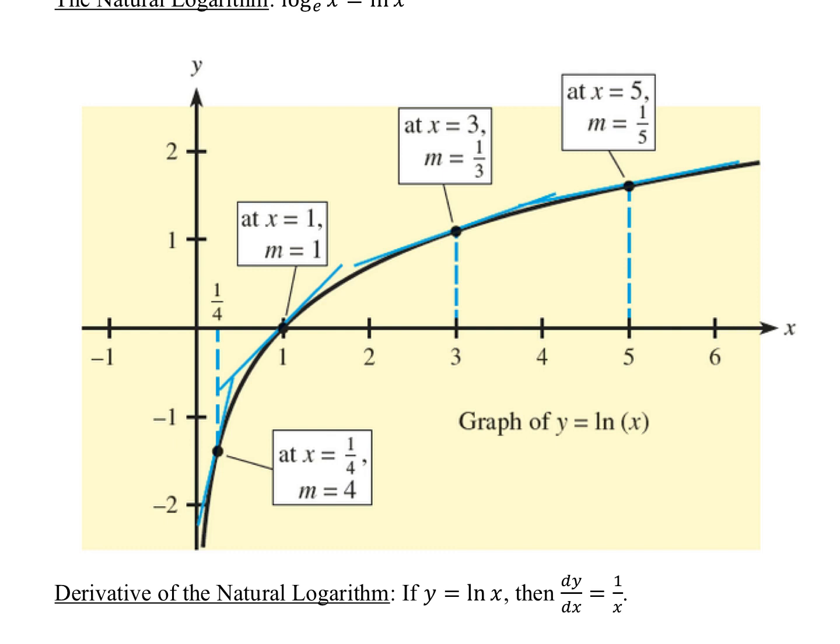Remember that the derivative of a function tells you the slope of the function at that point. So what we see here is that if the x value is 1/4, then the derivative, the slope of the tangent line, ends up giving us 4. So what's the relationship between 1/4 and 4? Then we see that if we pick an x value of 1, our slope is 1.